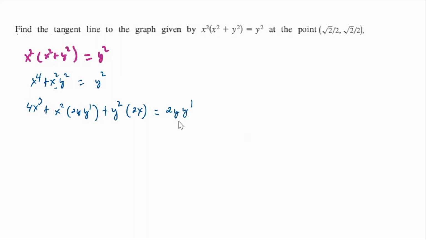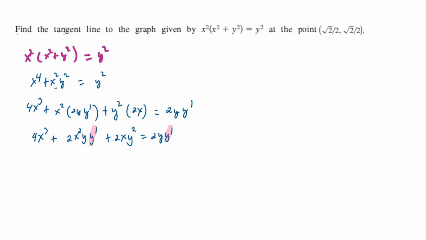The derivative of y squared is 2y y prime. Now I will just multiply here the middle term and write the other terms. We have 4x cubed plus 2x squared y y prime plus y squared times 2x, we have 2xy squared equals 2y y prime.